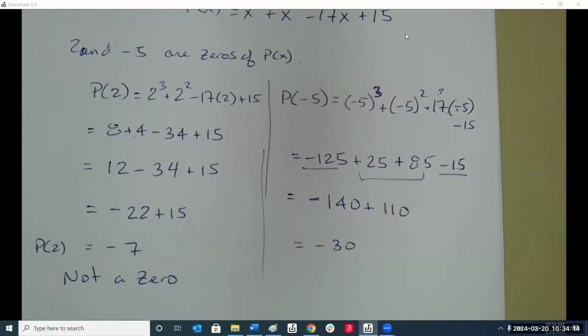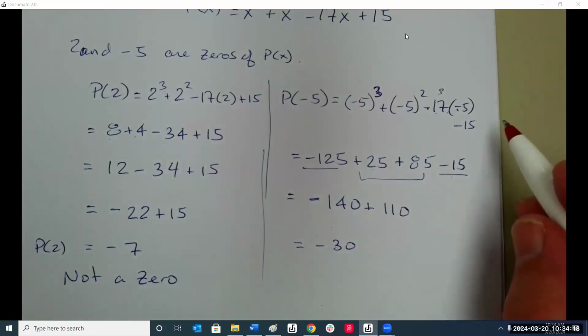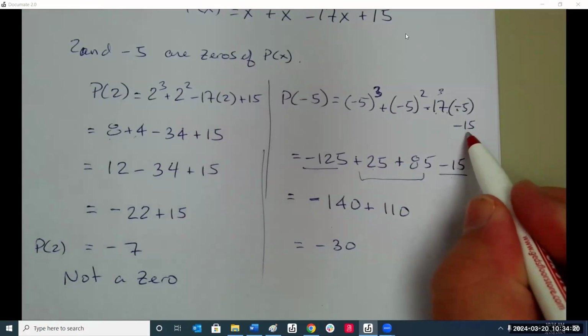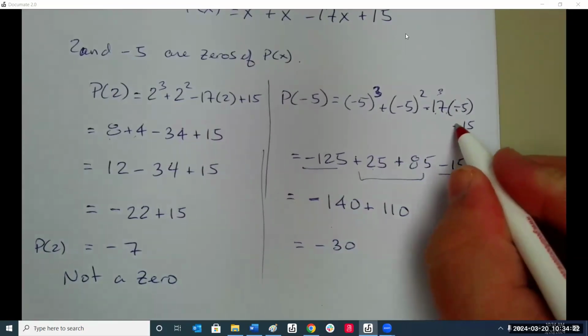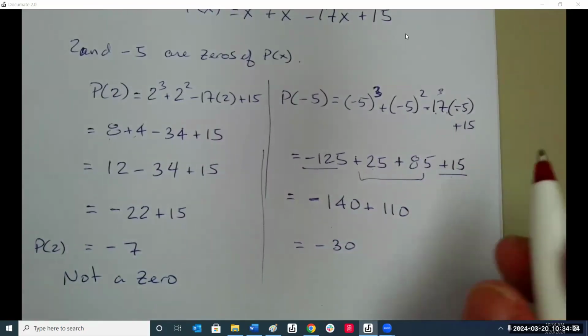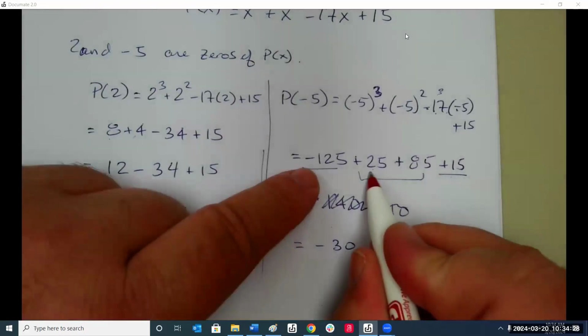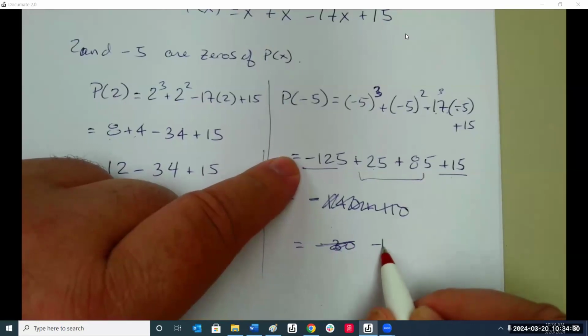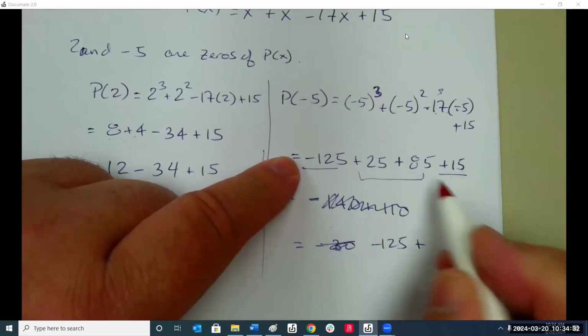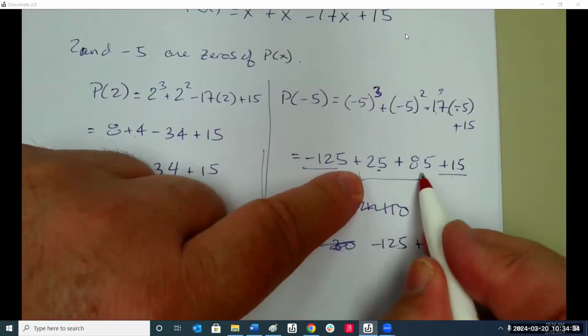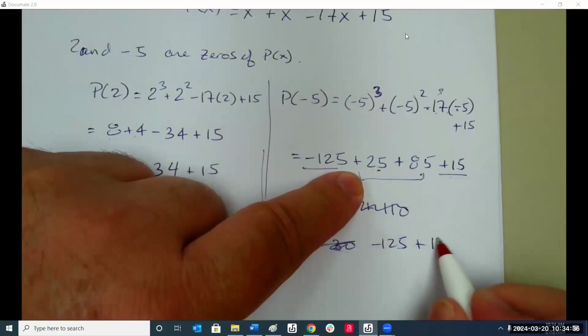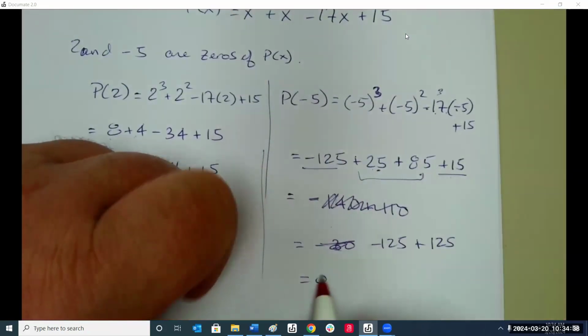The last 15 should be a plus. It's a constant. Oh, yeah, it should be plus. Yes, okay, thank you. So we have negative 125 plus 110 plus 15, which is 0.